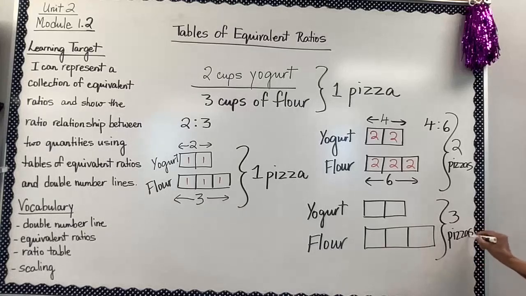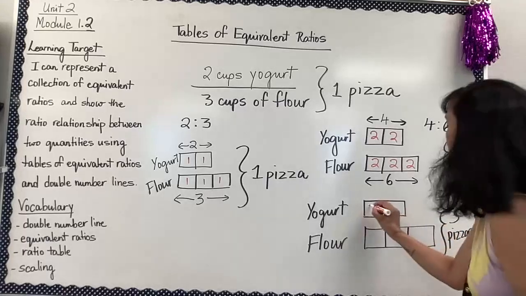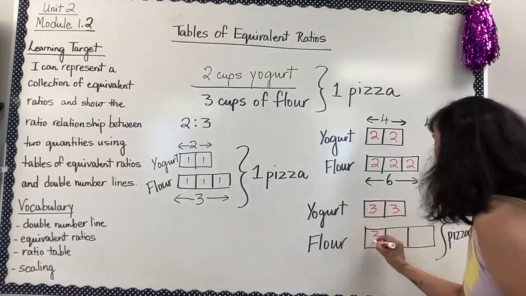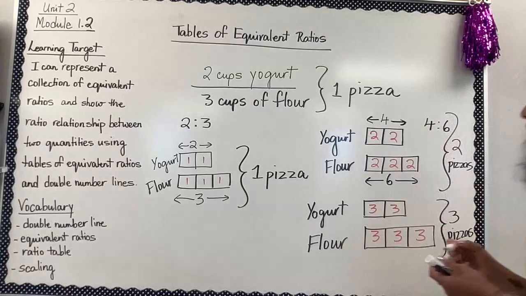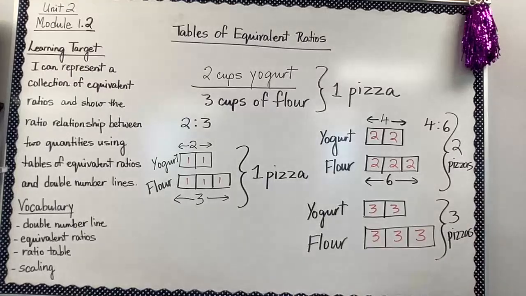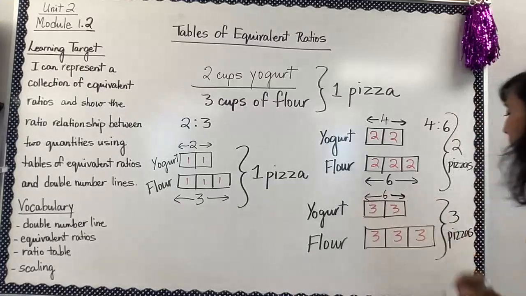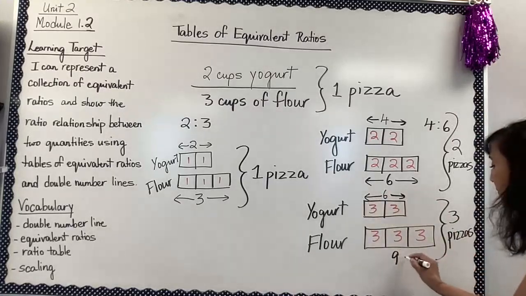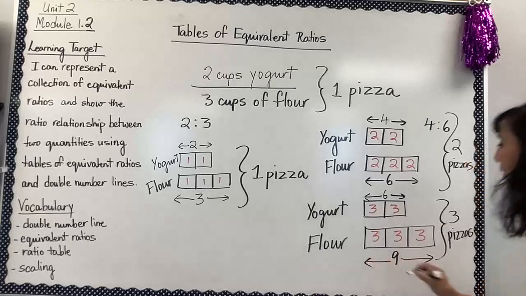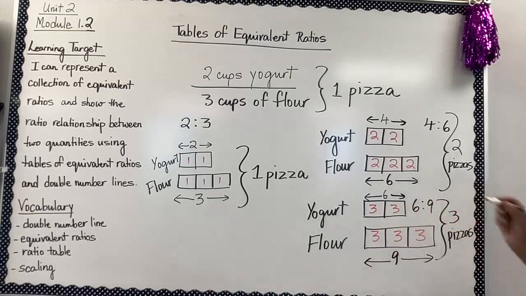So I am going to triple that recipe, or triple the ingredient content. So that gives me 3 in each section. So what does it become now? This is 6 now. 3 times 2 is 6. And this becomes 9. 9 cups of this. So what is my ratio? This is 6 to 9.